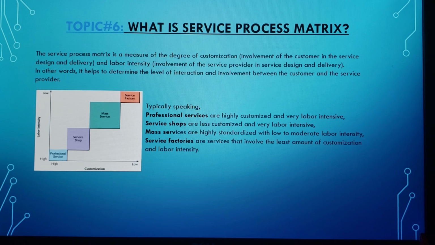Service shops are less customized and very labor intensive. Mass services are highly standardized with low to moderate labor intensity, while service factories, which are the services that involve at least the least amount of customization and labor intensity.